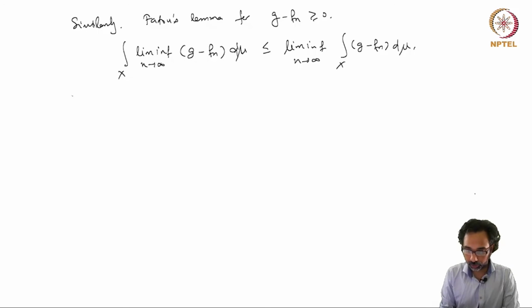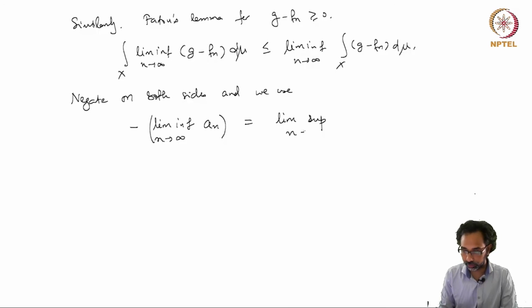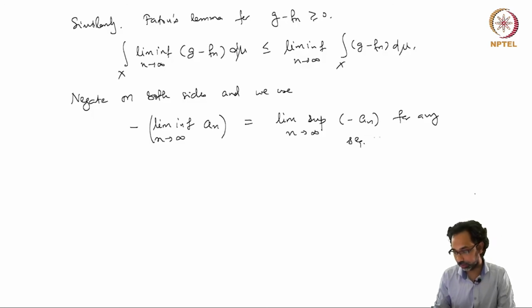And now we take the negation on both sides, and we use the fact that lim inf as n tends to infinity with a negative sign of some sequence an is equal to lim sup as n tends to infinity of minus an, for any sequence of positive real numbers an.